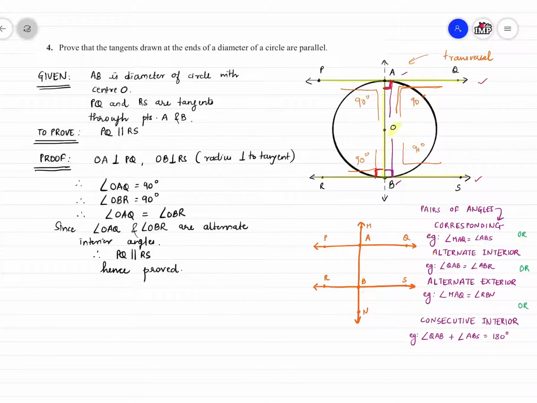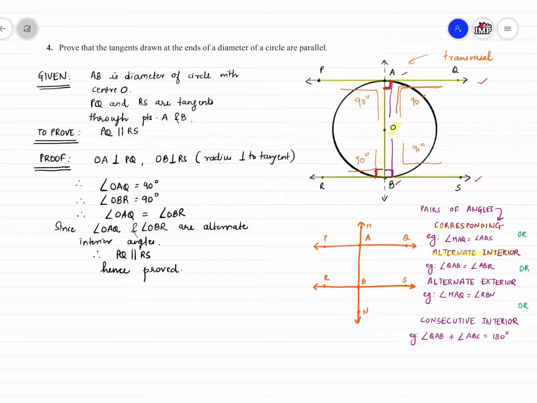But we can also find a pair of corresponding angles that is equal, and then also we can prove that PQ is parallel to RS.